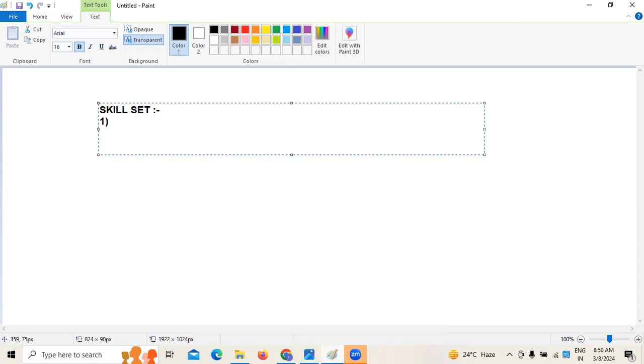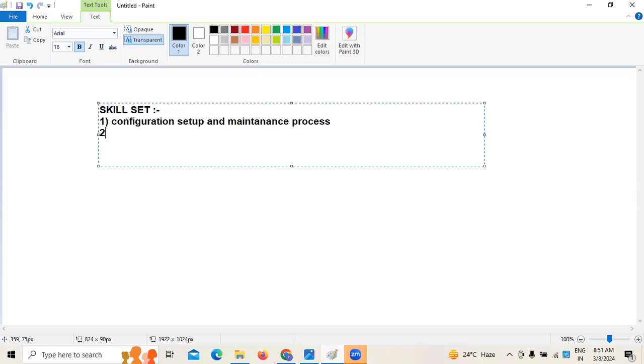solution architect in Facets, first of all, they should have an understanding about configuration, setup, and maintenance. Because when we are configuring any Facets application, how this is to be configured, what kind of configuration steps are to be taken, what technical infrastructure is required to set up this application.